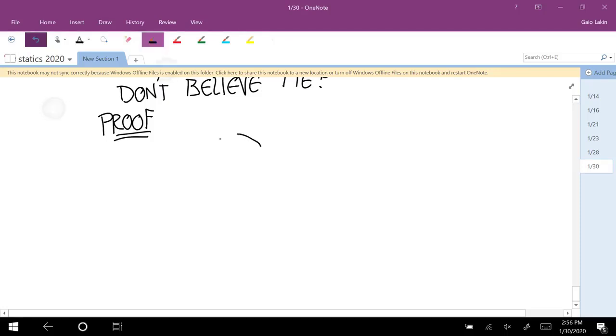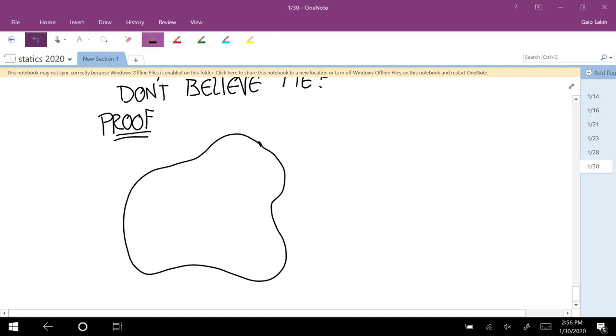So here's just some arbitrary body, and here's some about point. And we'll apply a force F at a point P1.